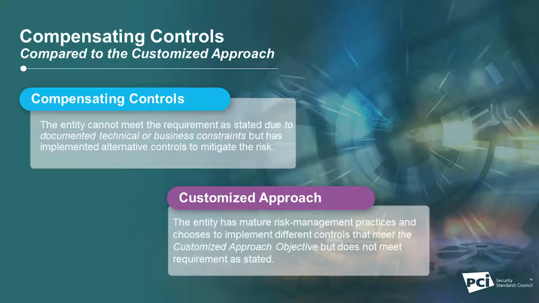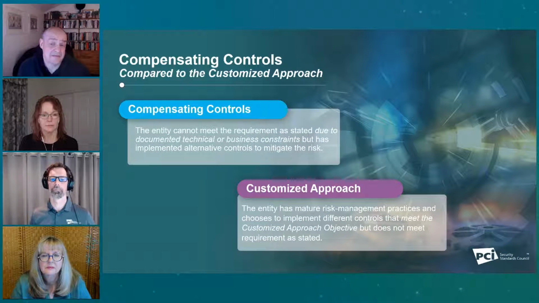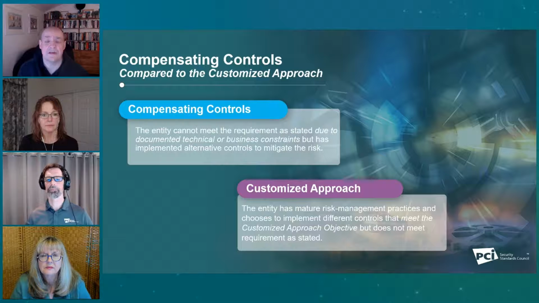And we also have new appendices in there that have additional information and details for completing the customized approach, and they've got templates in there for that as well. So organizations can complete those, and they've got information in there such as the controls matrix and risk analysis templates. These appendices are certainly worth reviewing to help understand the differences and applicability for both of these approaches.